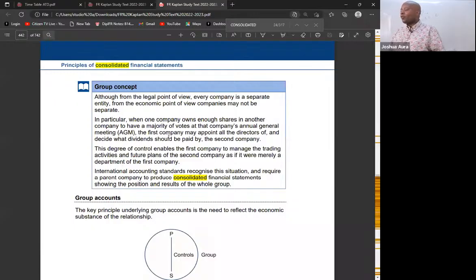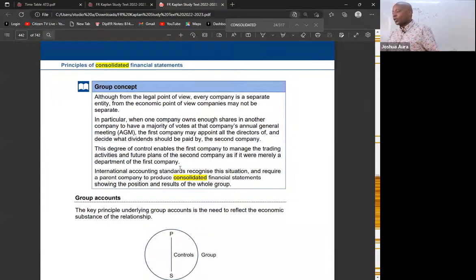This degree of control enables the first company to manage the trading activities and the future plans of the second company as if it were merely a department of the first company.